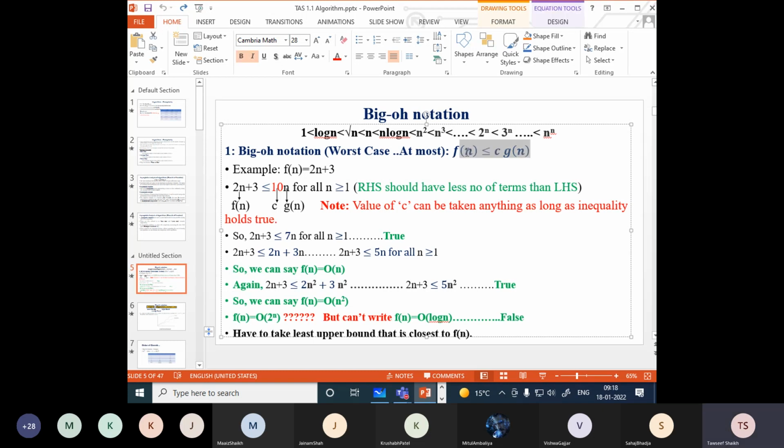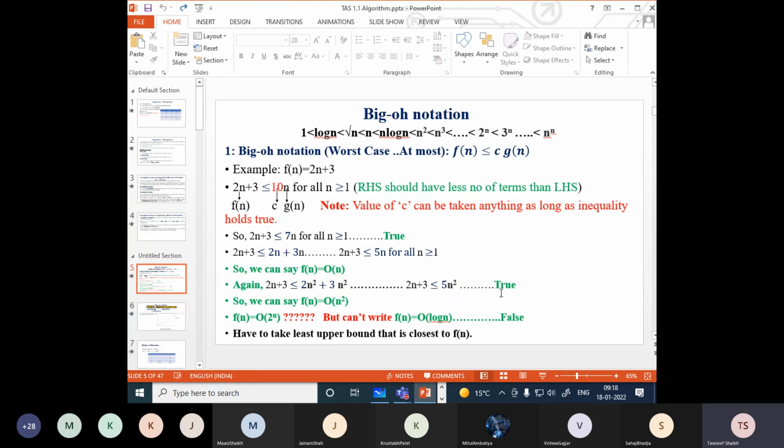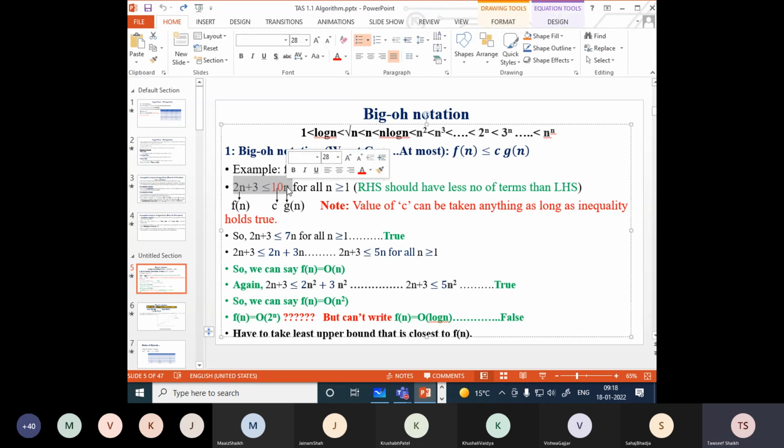So does it mean we have to take all of them? Can we take any one of them as the big O, based on our choice? No, the rule is that we have to take the least upper bound. Upper bound is this one also, 2n plus 3 less than or equal to 10n.